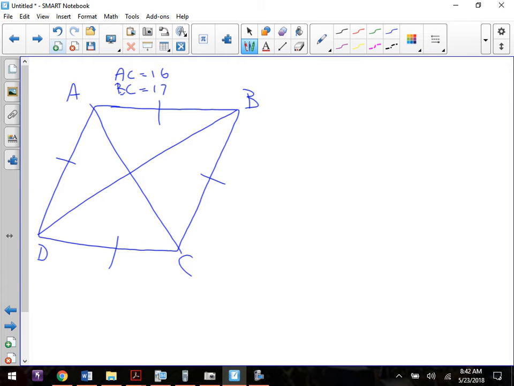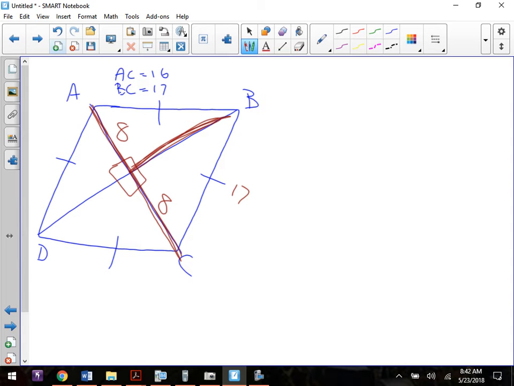Now, when you have a rhombus, that means you have all 4 sides congruent, and that also means your diagonals are perpendicular. The diagonals also bisect each other. So if I've got a side length of 17, and this entire diagonal is 16, that makes each of them 8s, which means you have to figure out the length of one of the other parts of the diagonal.